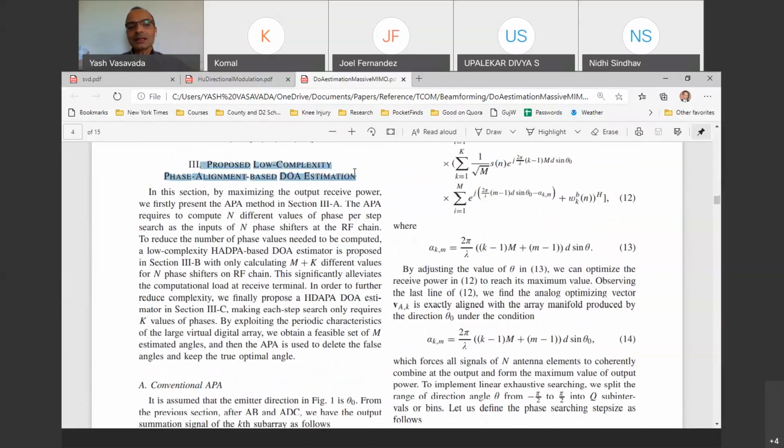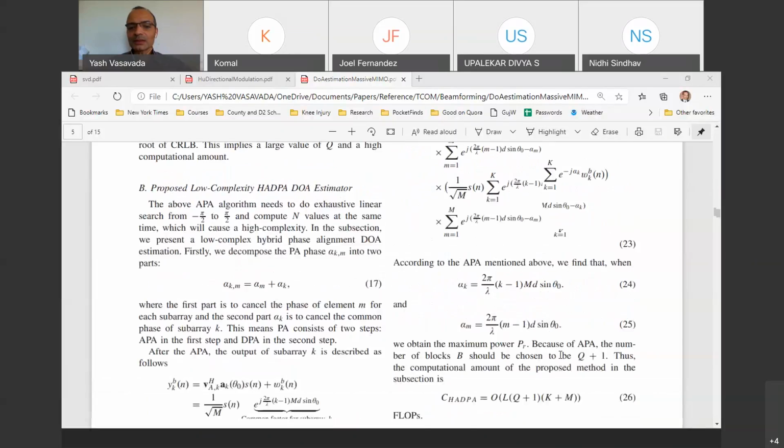That is the entire content of section 3. What they call this phase alignment based DOA algorithm is nothing but our power spectral density based evaluations. Okay, so that is the first part.